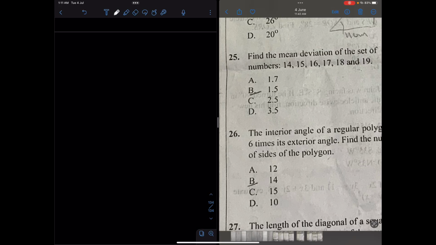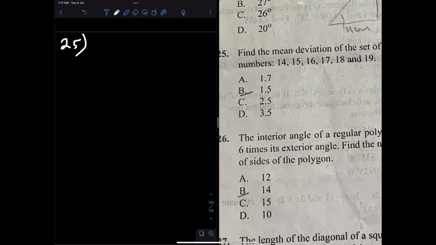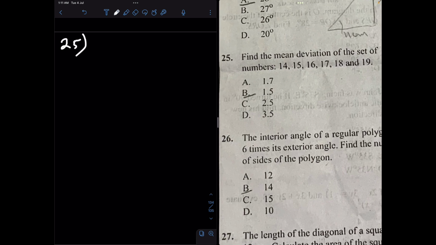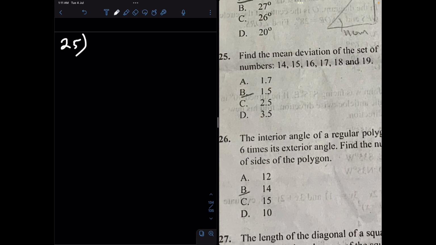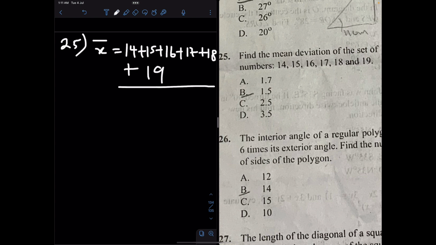Now we go to the next, and that's number 25. Find the mean deviation of the set of numbers 14, 15, 16, 17, 18, and 19. First of all, let's find the mean. Mean is 14 plus 15 plus 16 plus 17 plus 18 plus 19 all over 6.